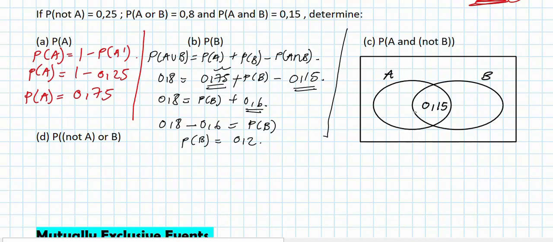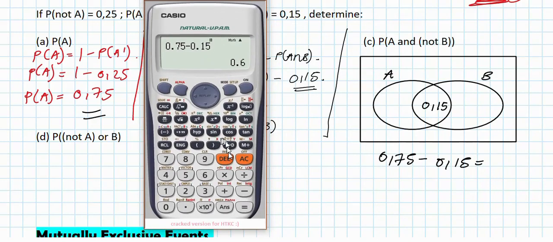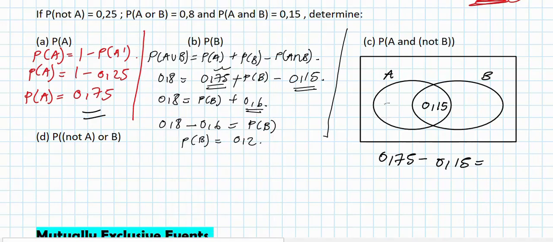And I found out that the probability of A is 0.75. So 0.75 minus the intersection, I get how much? Safety first, I use my calculator: 0.75 minus 0.15, and then I get 0.6. So my value for A only is 0.6 right there.